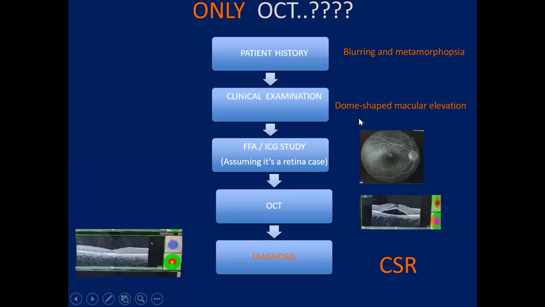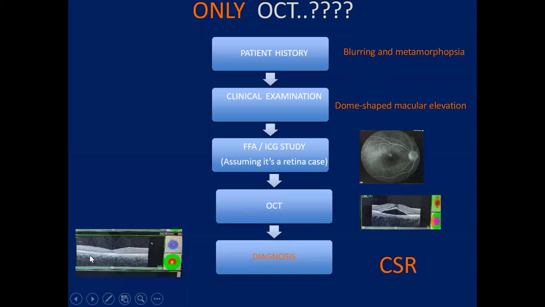By your clinical examination, you might see a dome-shaped raised macular lesion without any hard exudate or any hemorrhage, and the like. The patient is maybe relatively young with blurred vision and metamorphopsia, and maybe the vision is 20/40 or better. After doing focal laser around here, the macula is likely to flatten with resolution of the subretinal fluid.